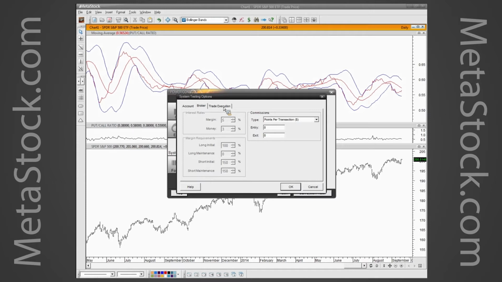We're not factoring in equity. If we were doing an equity test, then the profit would be based on how much equity is used and how many shares that equity could have purchased. But just to keep things simple, we're going to stick with the points test.